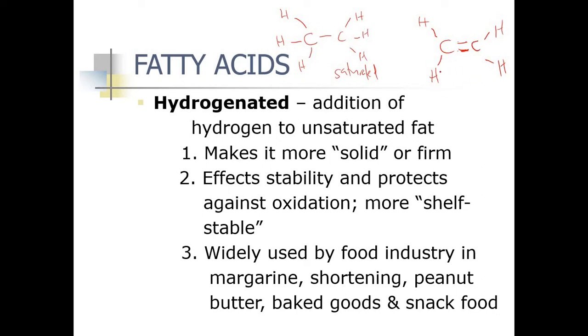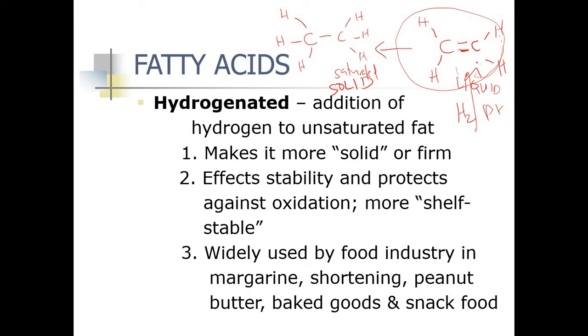This is done because the saturated form is more solid. They appear solid at room temperature and this appears liquid at room temperature. To make this more firm, they want to convert this into this one. So they will add hydrogen to that one, H2 with platinum as a catalyst. So these undergo hydrogenation, meaning the addition of hydrogen.